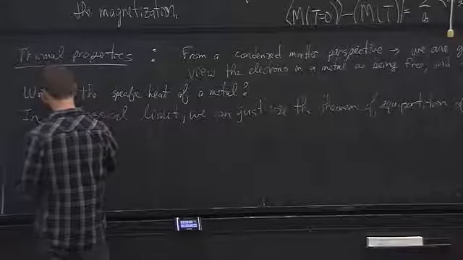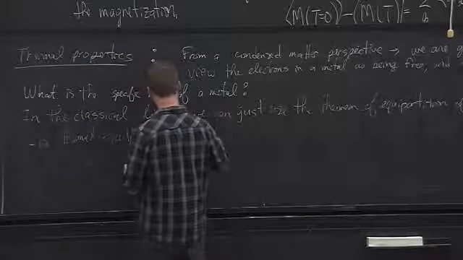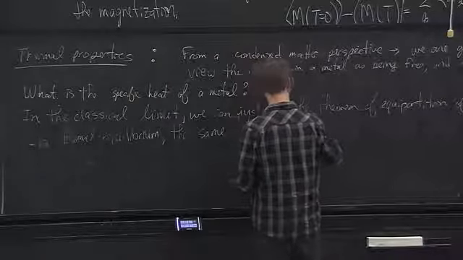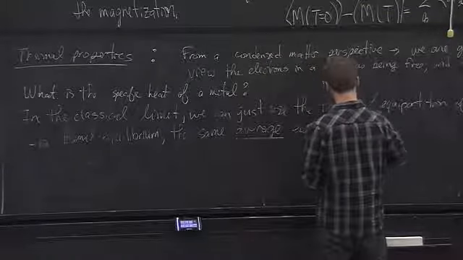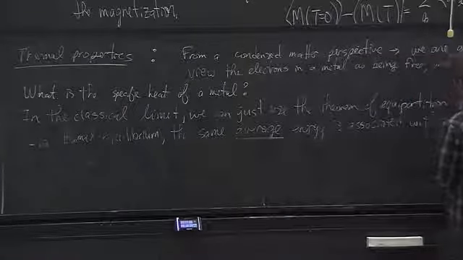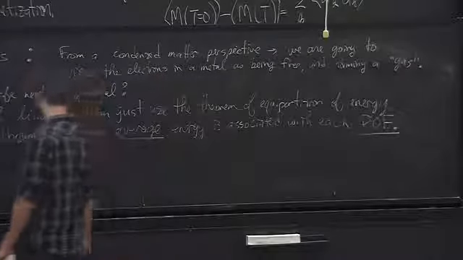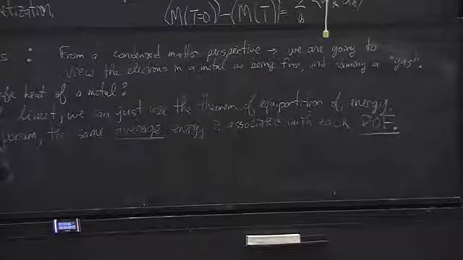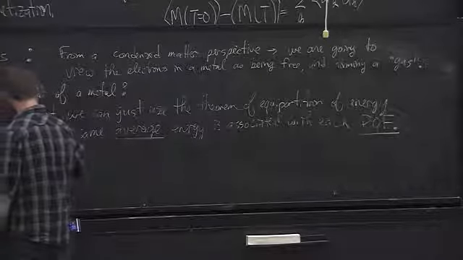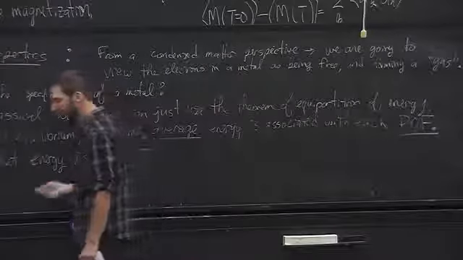So in thermal equilibrium, the same average energy is associated with each degree of freedom, and that average energy is simply 1/2 kBT per degree of freedom.